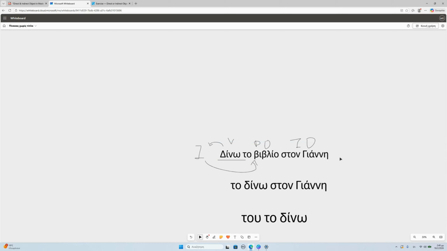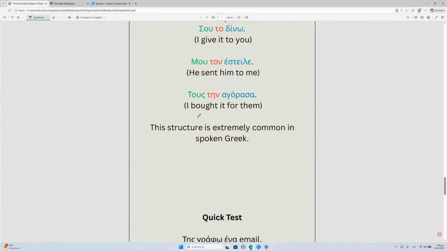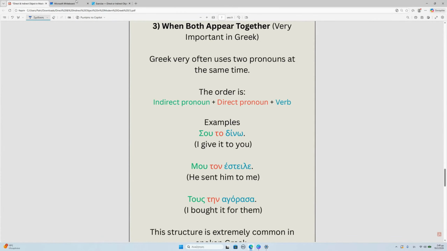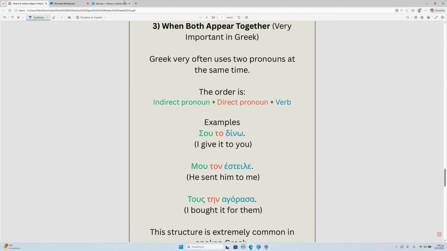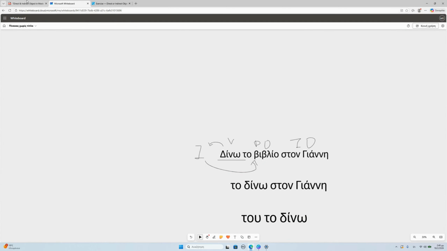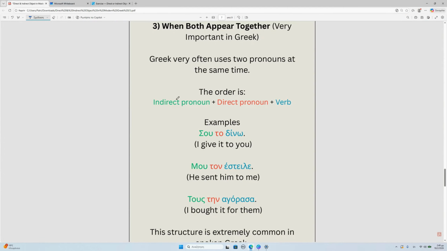Δίνω το βιβλίο στον Γιάννη. We first want to replace το βιβλίο, so we put it before the verb: το δίνω στον Γιάννη. And after, we want to replace also the indirect object: του το δίνω. So the order, this is the important stuff, will be the indirect pronoun, then the direct pronoun, and then the verb. This is how it works in Greek, if you see them both.